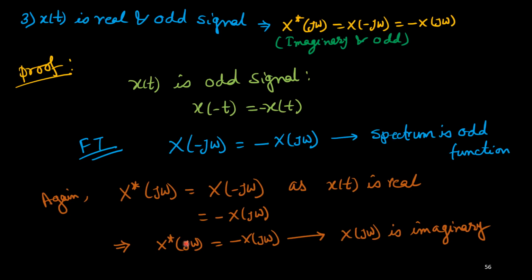One function whose conjugate is just its negative is possible if and only if the function is purely imaginary, like X equals jb, then X* will be −jb. Thus X(jω) is purely imaginary, with no real part, and it is also an odd function. So if x(t) is real and odd, its spectrum is imaginary and odd.